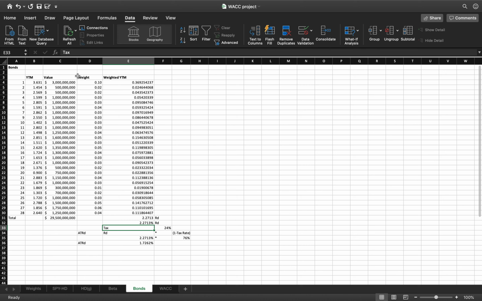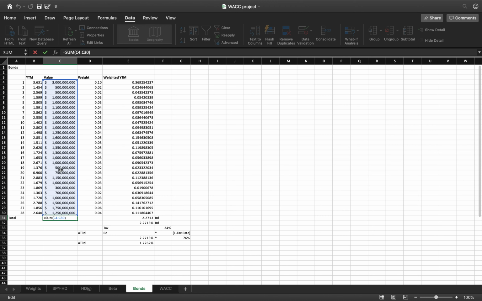To find the weight, we added up all of these values using the sum function, then divided each bond's value by the total, which gives us these weights here. To find the weighted yield to maturity, you multiply your yield to maturity by your weight, and that gives you these numbers here.